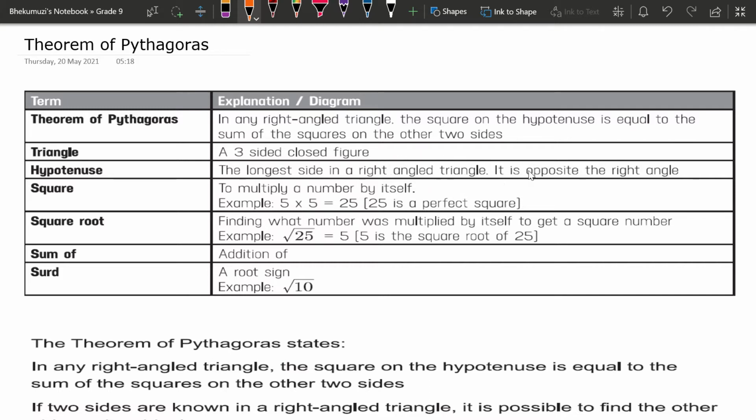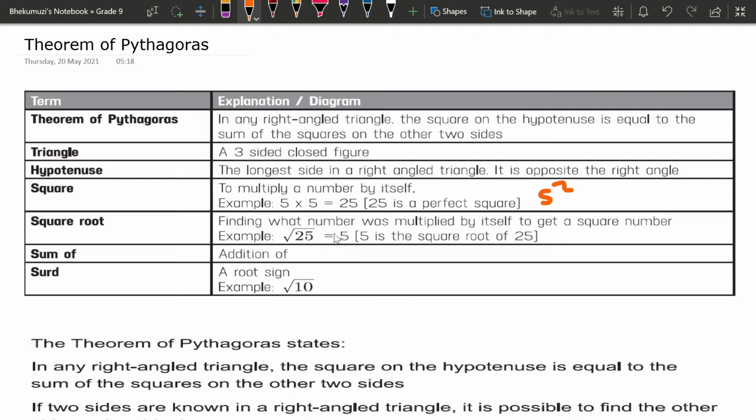Now, the hypotenuse is opposite the right angle, and I'll show you how. And then we have a square, to multiply a number by itself, right? Which is 5 times 5. But in this case, we would usually write it as 5 squared, right? And that's what we mean by square, 5 to the power 2. And then square root is when we square root, like 25.